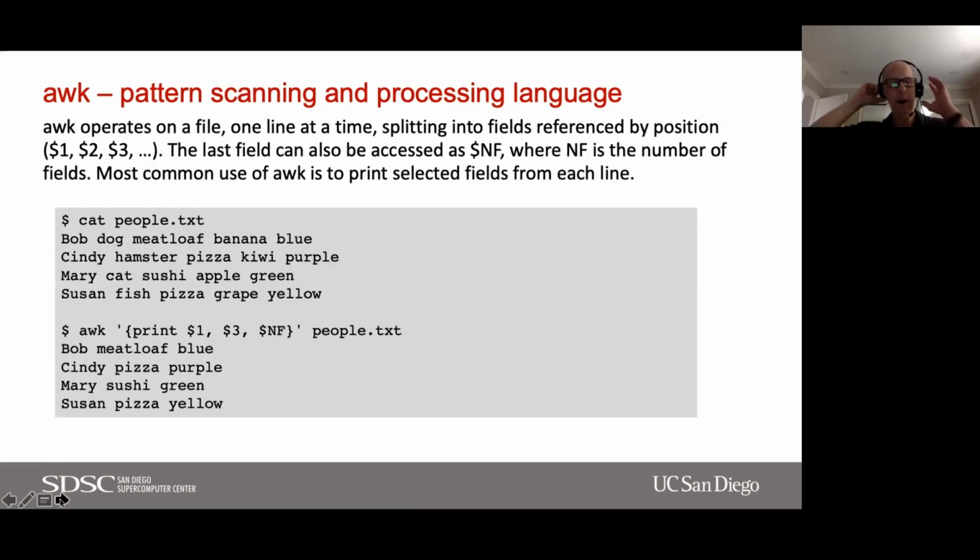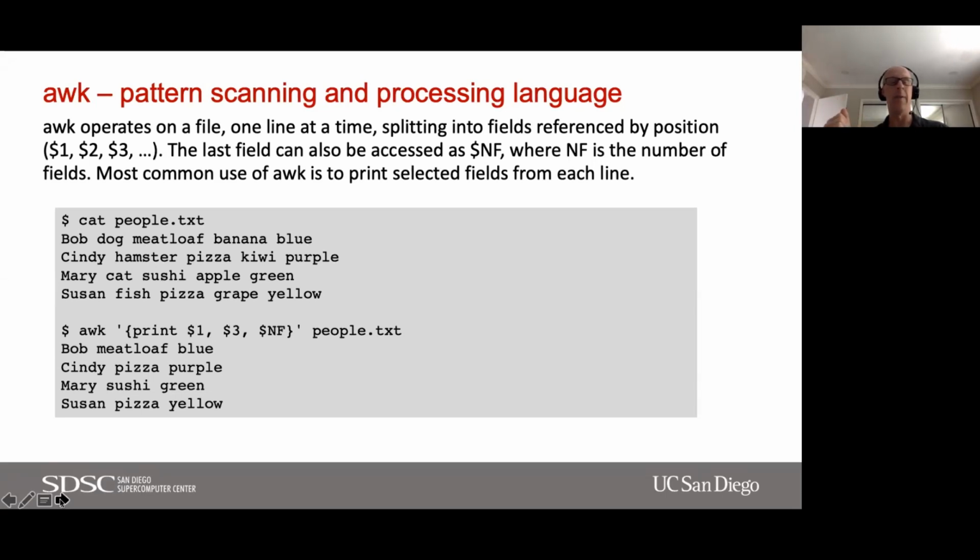All right, so awk is a pattern scanning and processing language. Awk, like I said, is going to operate on the file one line at a time. It's going to split it into fields referenced by position, with the numbering beginning with 1 and going onward.